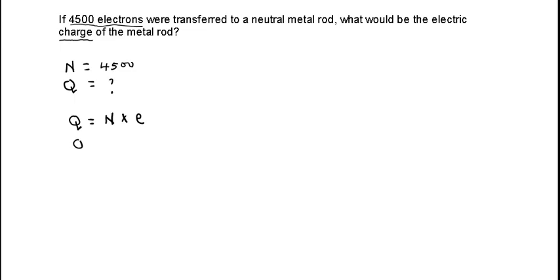So let's go ahead and put in our values. Q is equal to the number of electrons, 4,500, multiplied by the charge of an electron, which is given as negative 1.6 times 10 raised to the power negative 19 coulombs.